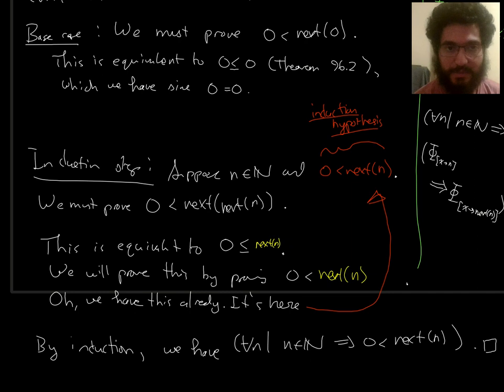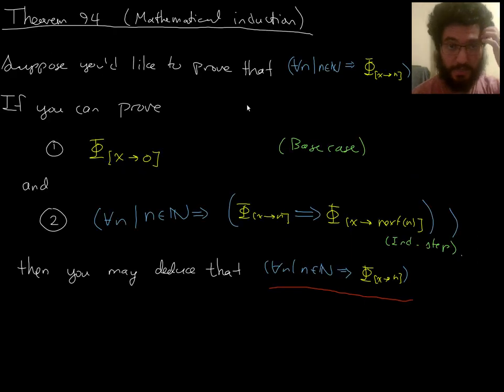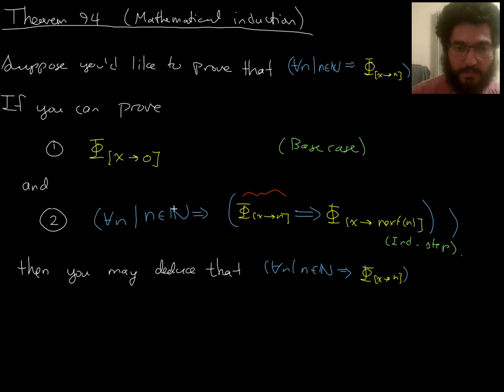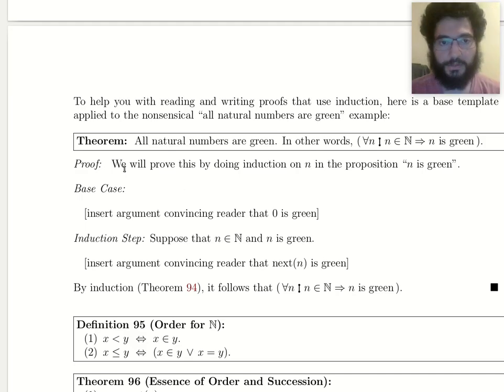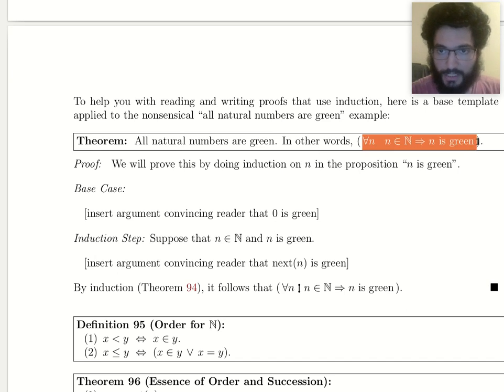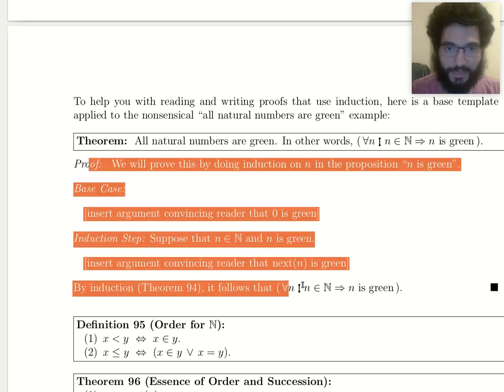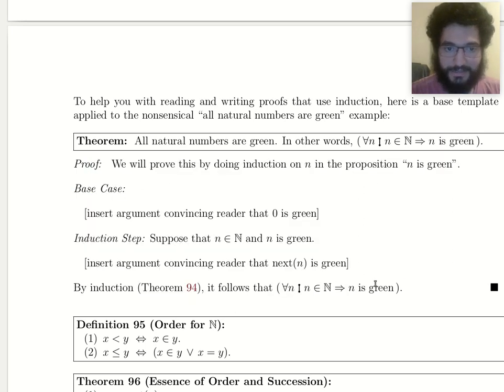So in the statement of mathematical induction, that's the thing that you get to assume when you're trying to prove this. And I want you to notice that we followed this format, right? It's like we're proving all natural numbers are green, except instead of n is green, we had 0 is less than next n. But other than that, we basically followed the format here.